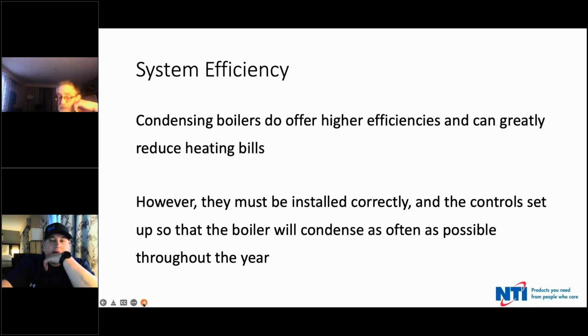The other piece of this, of course, that we just looked at is that it is dependent on the distribution system that's either already in the building, in which case you don't have control over it, but certainly in a new system, you have a lot of control over. Even baseboard, for instance, can be sized to run at lower temperatures. I mean, the thought that it always needs to run at 180 is a fallacy.